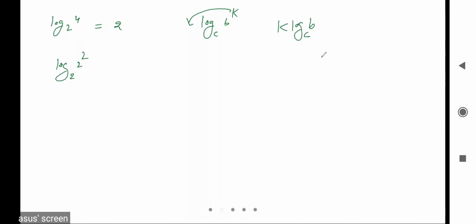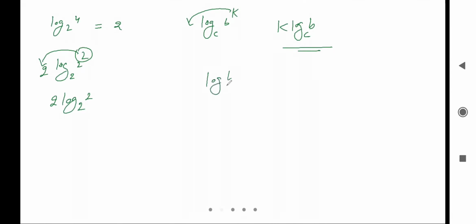So here also we can take this 2 here. So now we can say it is 2 log of 2 base 2. There is another property of log. If it is log of b base b, then its result is equal to 1. It means this becomes 1. Okay, so what will be its result? 1. Then it is equal to 2, right? So finally the result that came is 2.